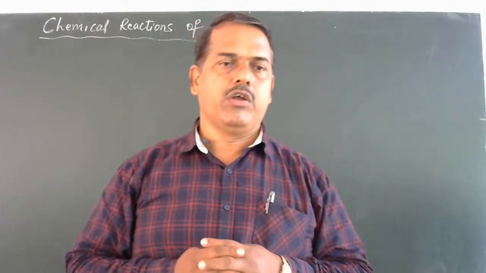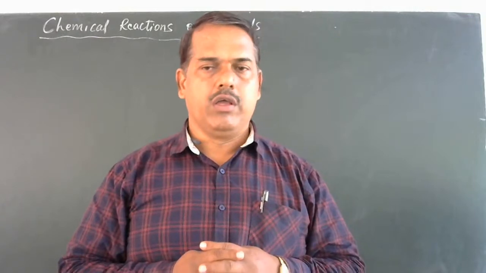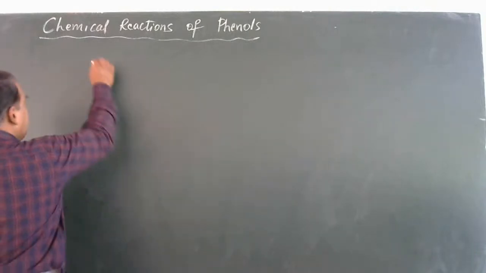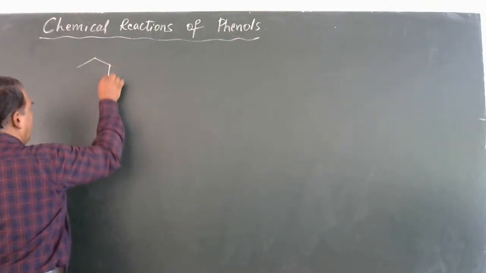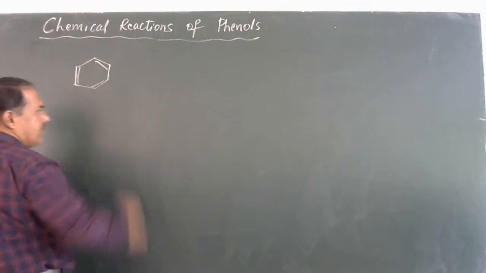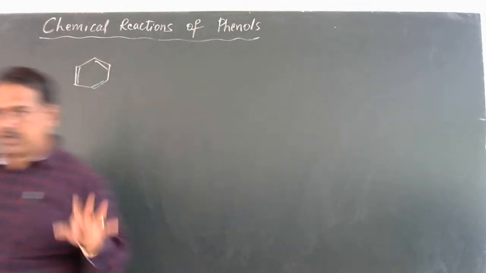Okay, dear students, today we shall discuss the chemical reactions of phenol. You know the structure of phenol? So this is nothing but phenol. Okay, we shall draw a line.